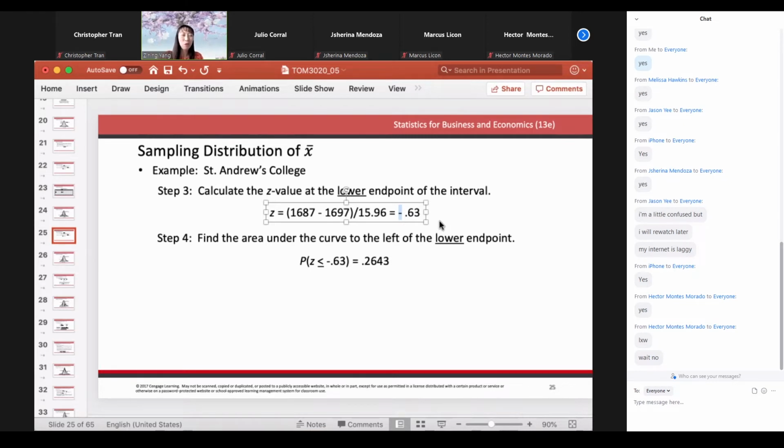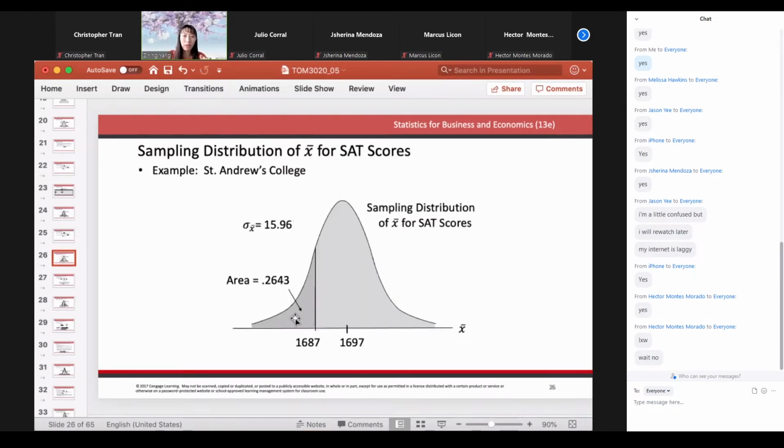So you can simply use the same magnitude, the 0.63, but just add a negative sign for the left hand side. But then we do need to go back to the z table. And the z table gives us 0.2643. So that's a small area to the left from 1687.